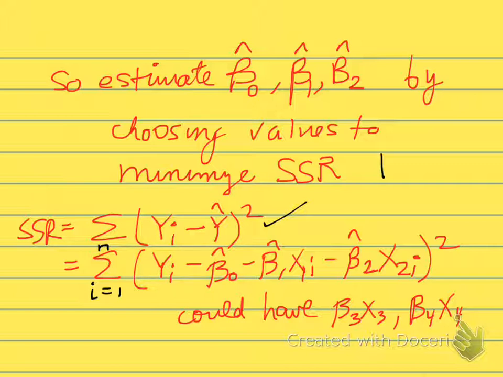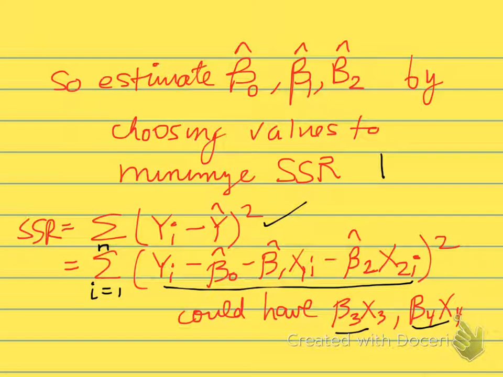And so the residual is y_i minus beta 0 hat minus beta 1 hat x_1i minus beta 2 hat x_2i. We could, of course, have a third variable, a fourth variable. There's in some sense no limit as long as we have a lot of data. There's no limit to how many variables conceptually we can include here. So that's it for this short introduction to multiple regression.